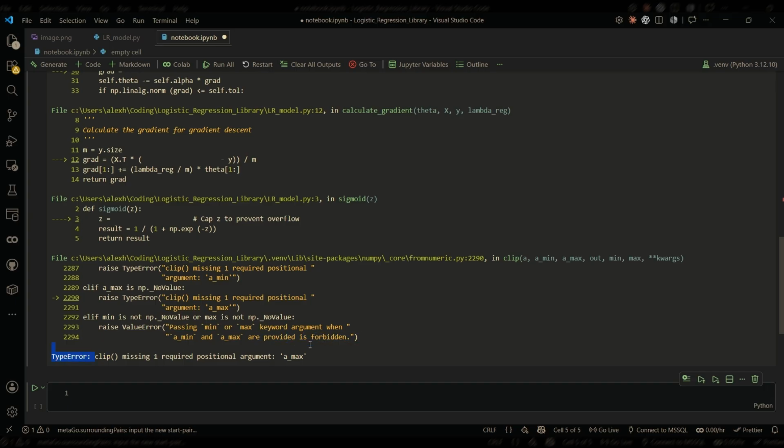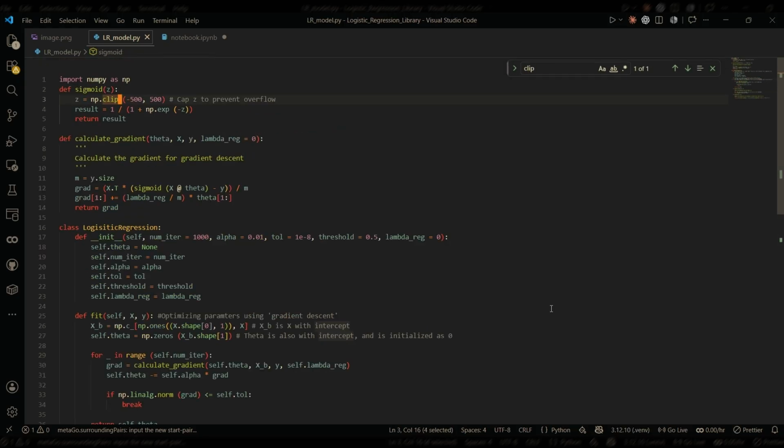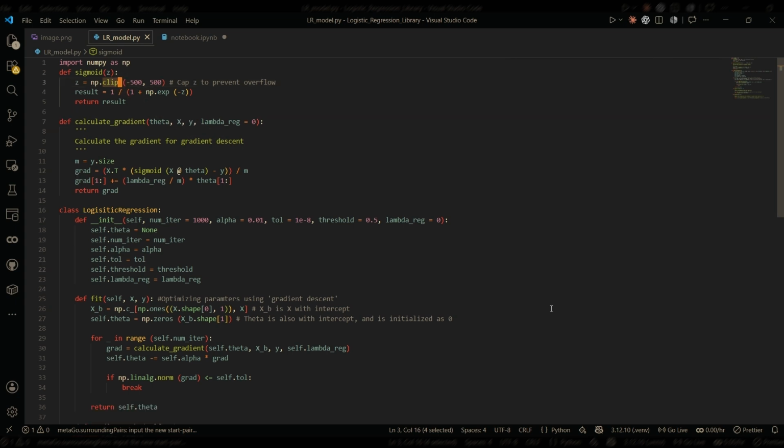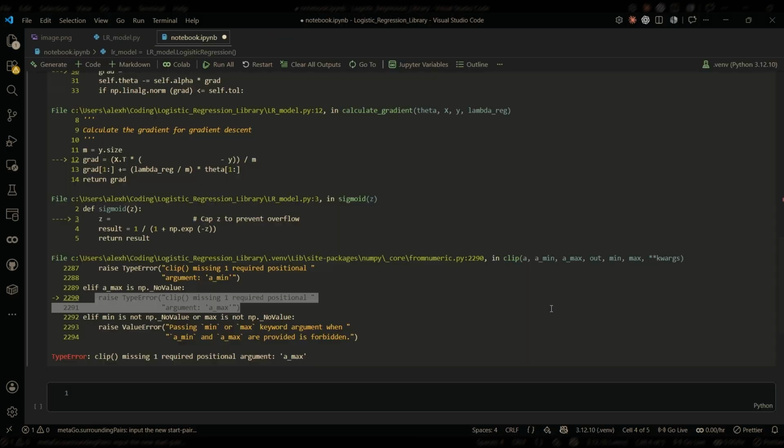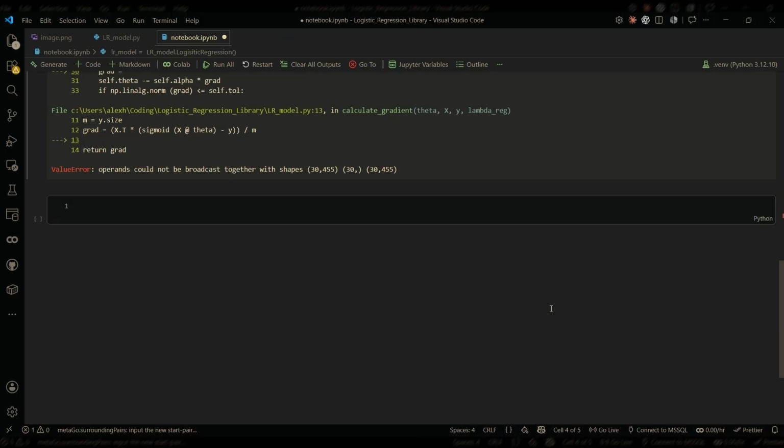Another error: clip missing one required positional argument. So the function has something wrong. Oh yeah, I forgot to put z right here. And operands cannot be broadcast together.